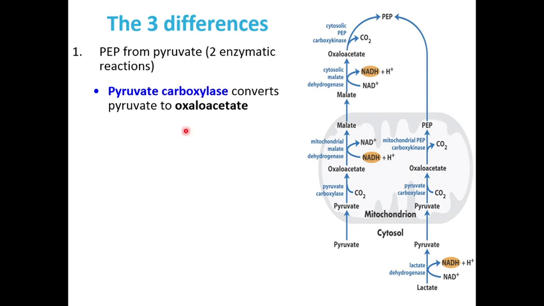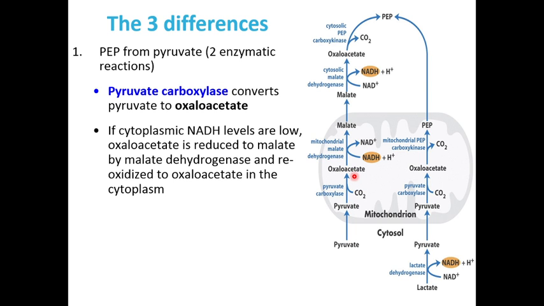Pyruvate carboxylase converts pyruvate to oxaloacetate, and this happens in the mitochondrion. As you can see, pyruvate gets converted to oxaloacetate. Now, if cytoplasmic NADH levels are low, what happens is that oxaloacetate gets converted to malate in the mitochondrion, where NADH in the mitochondrion is utilized.